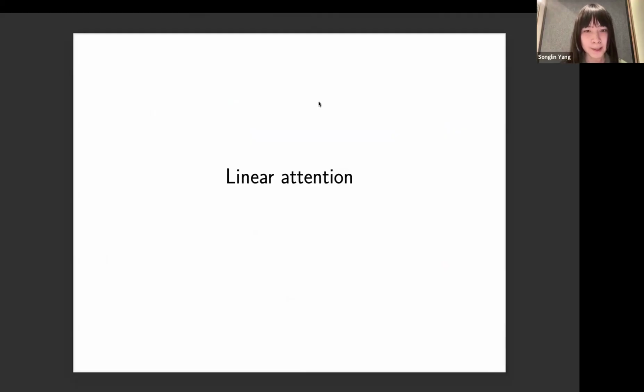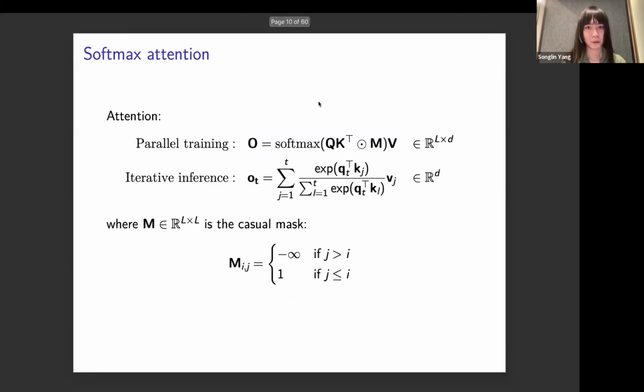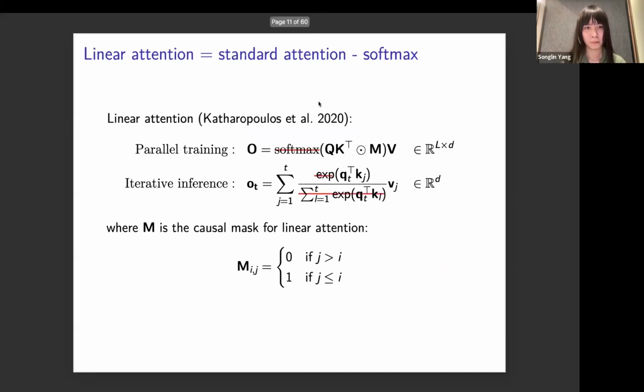Next, I'll be introducing some background knowledge for linear attention. First, we have softmax attention. We have its parallel training form and the iterative inference form. The main idea behind linear attention is quite simple. It simply drops the softmax operator from the self-attention mechanism.